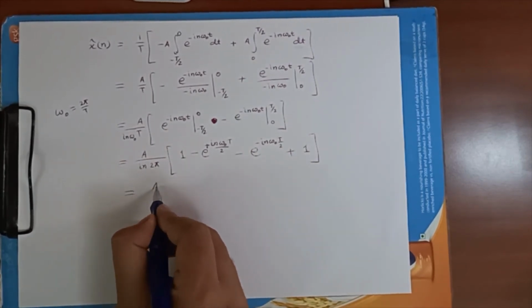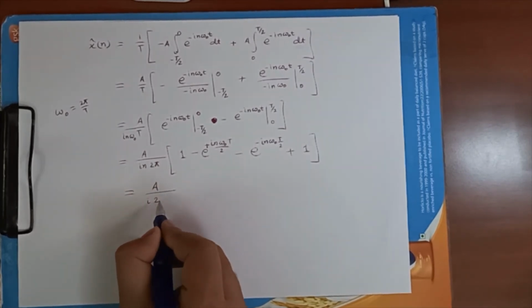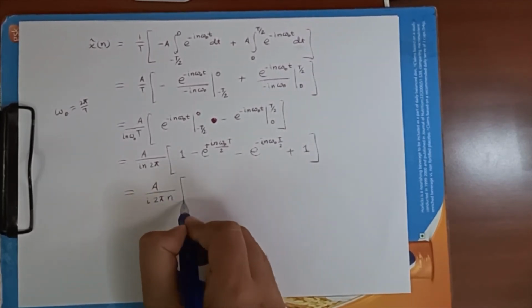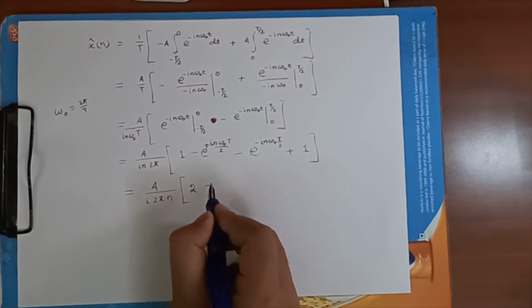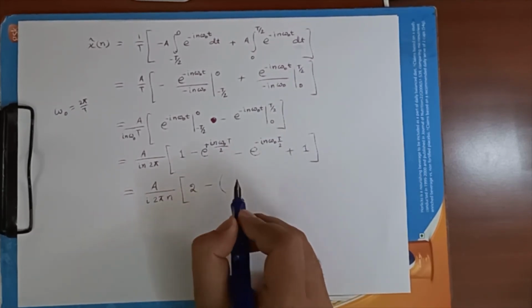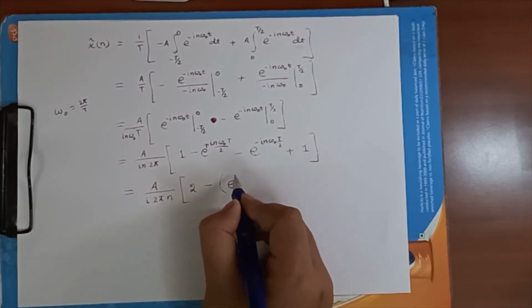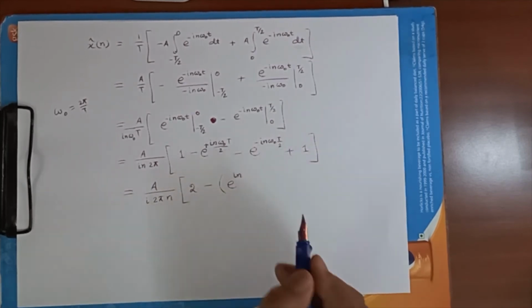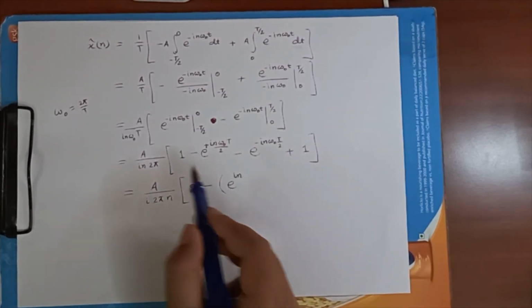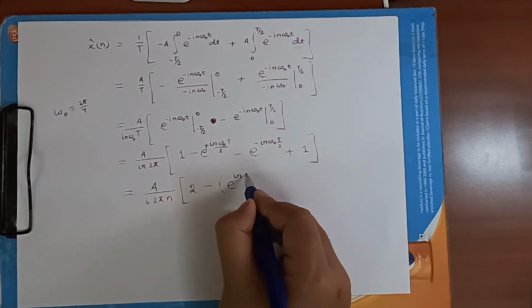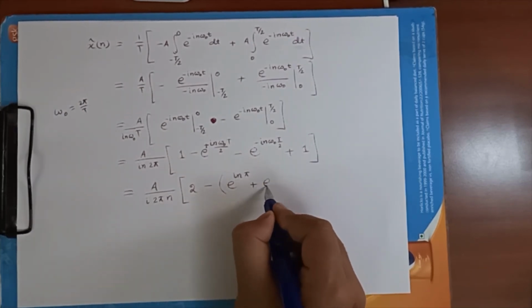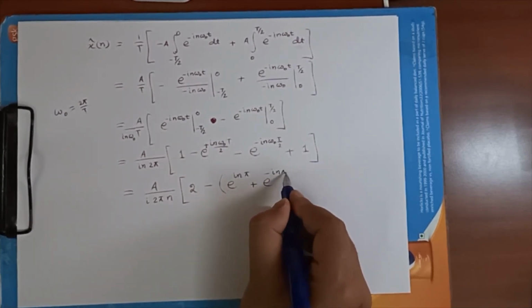which is equal to a by i 2 pi n into 2 minus, this is interesting, this will be e to the power i n. What is omega 0 T by 2? That is pi, and this is equal to e to the power minus i n pi.